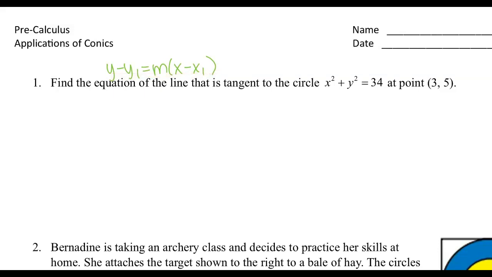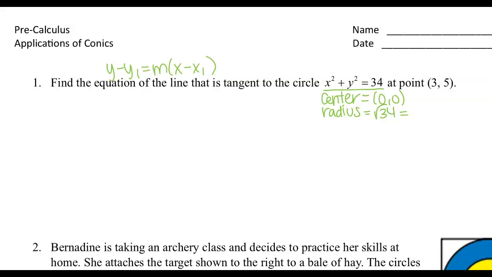It does tell us the equation of the circle. If you look at this equation, we can identify 2 things: the center and the radius. Since we have x squared and y squared, the center is at the origin. For the radius, remember, this number has already been squared, so we need to take the square root to find the actual radius.